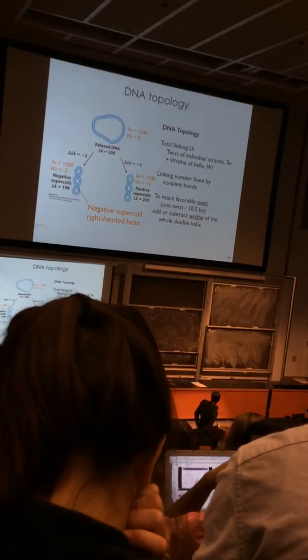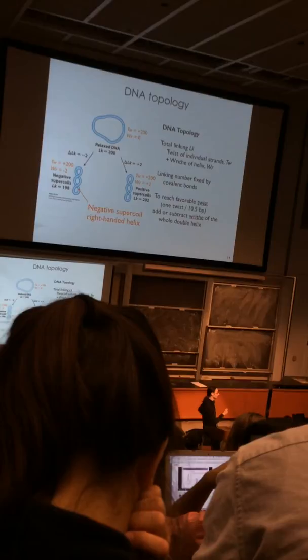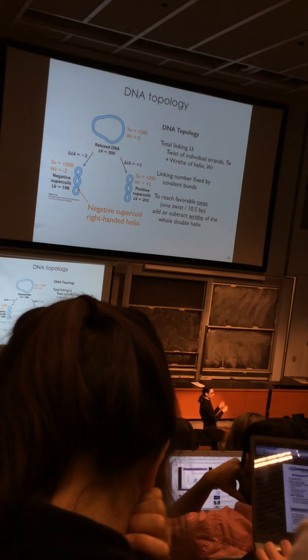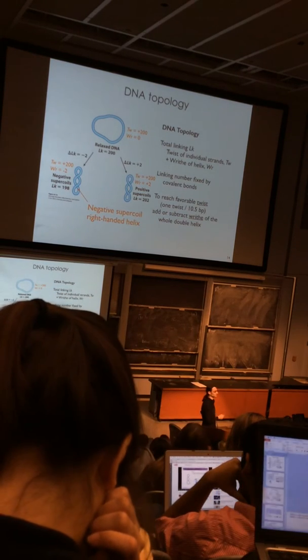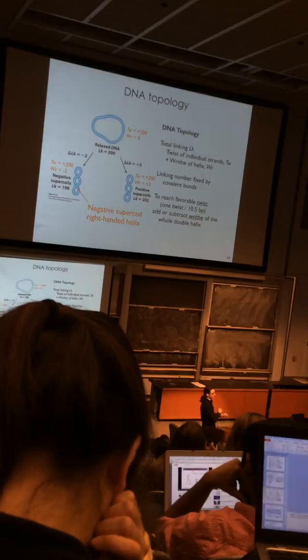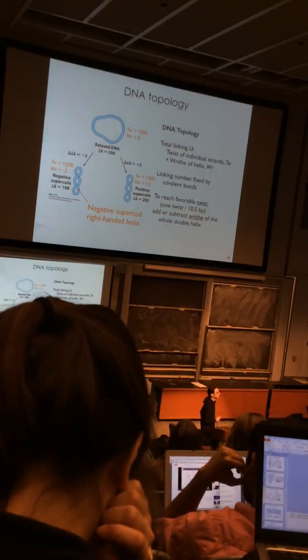It's easiest to remember that when the full double helix twists around itself, that's essentially one more turn of an individual strand passing another individual strand, and it can make up for some of the difference in twist in the double helix.